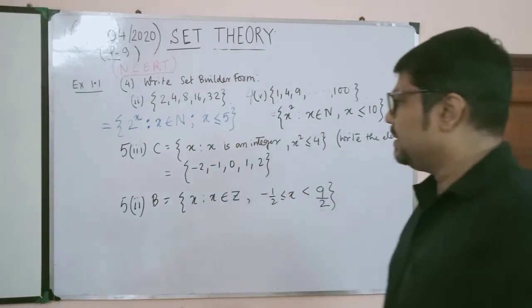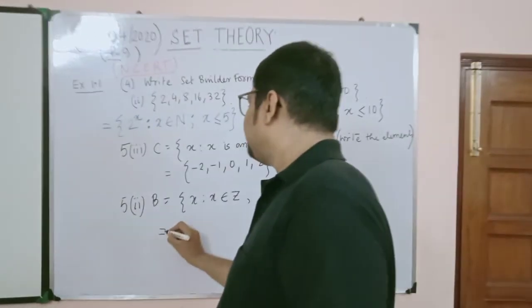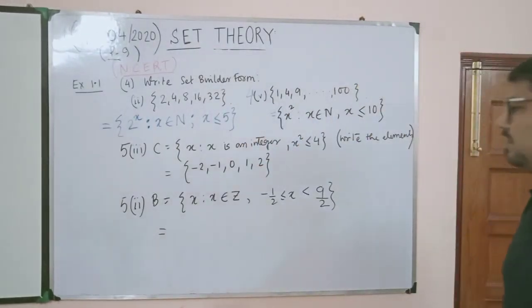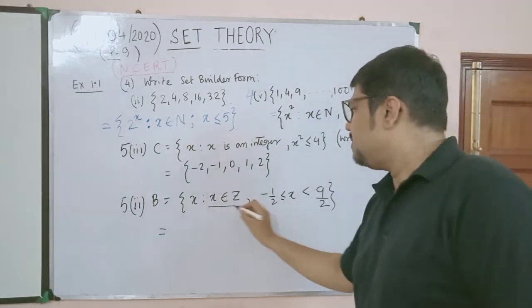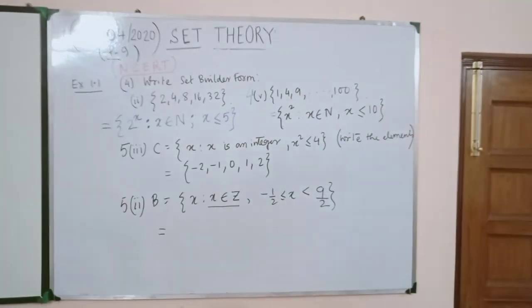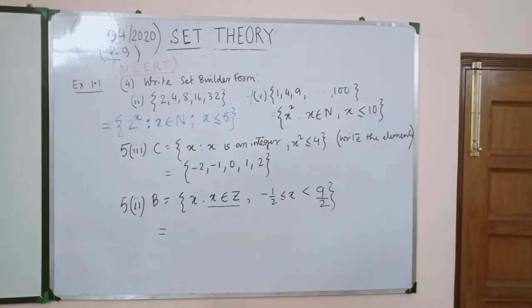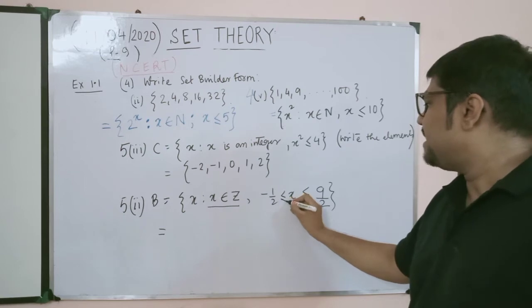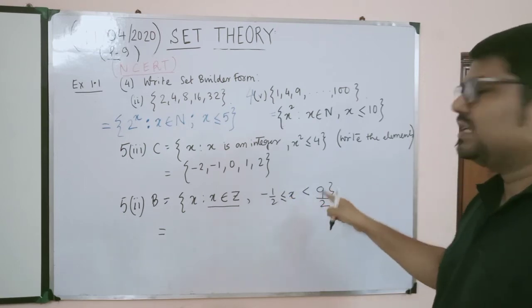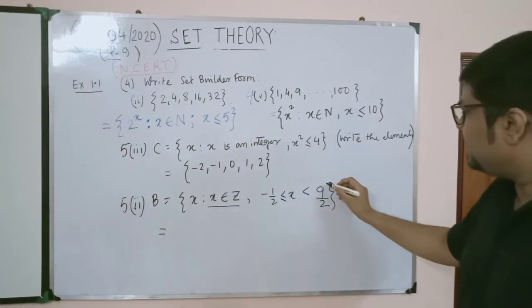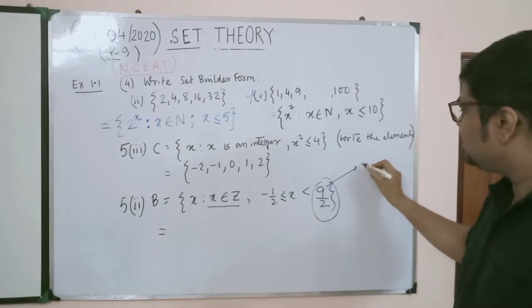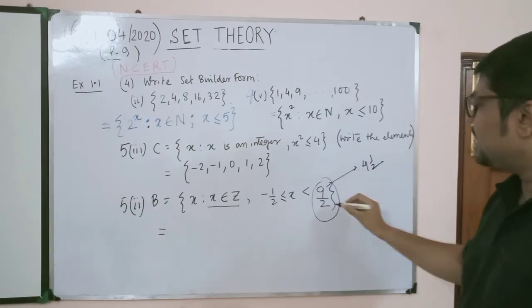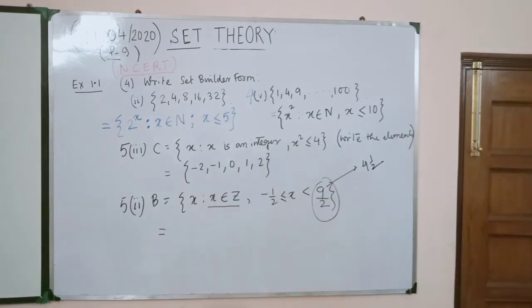Now 5 part 2 is something where we write out the elements. These are also integers. Please always take care of the conditions mainly. It's from -1/2 less than x less than 9 by 2. 9 by 2 means 4.5, so that means some integer which is less than 4.5.